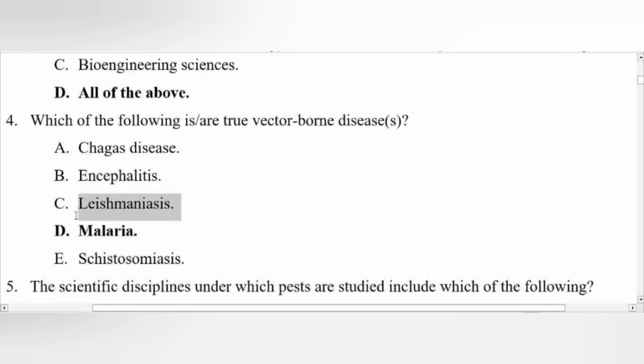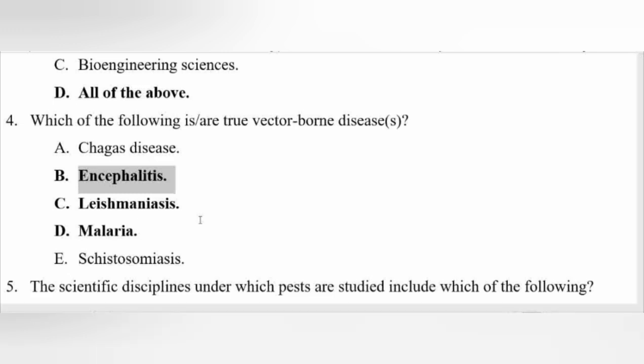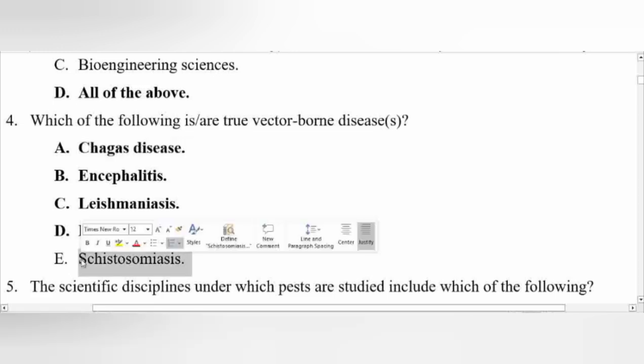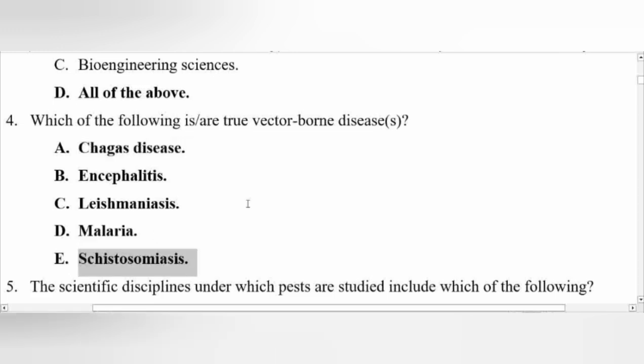It's a vector-borne disease. Leishmaniasis is also a vector-borne disease transmitted by sandflies. Encephalitis is also a vector-borne disease transmitted by mosquitoes. We have different kinds of encephalitis: Western equine encephalitis, Venezuelan encephalitis, Japanese encephalitis, and so on. Chagas disease, trypanosomiasis, and schistosomiasis are all vector-borne diseases.